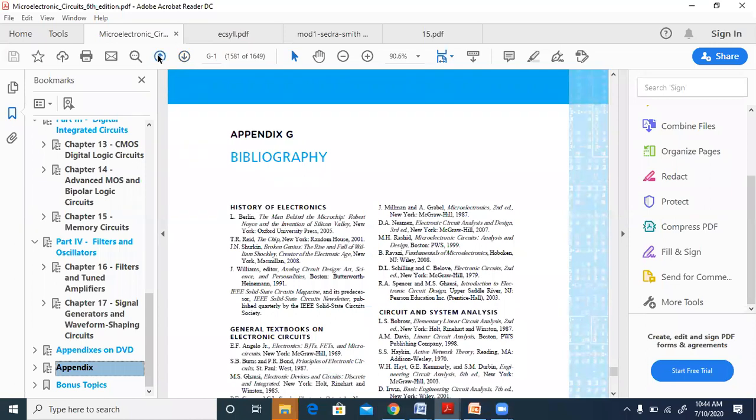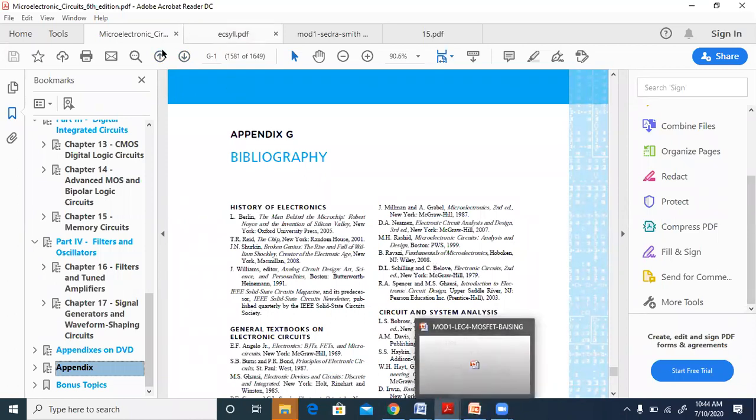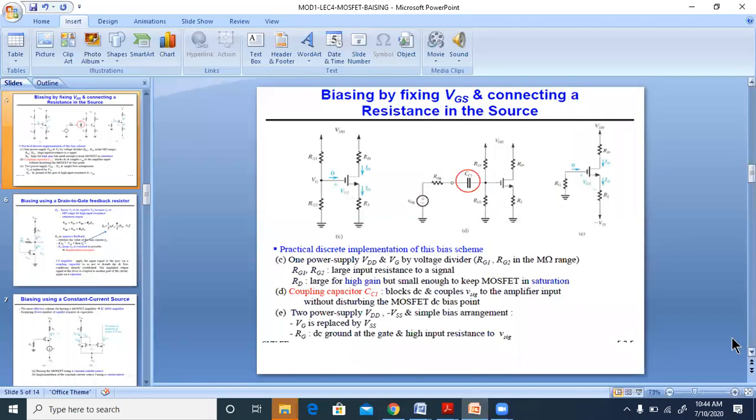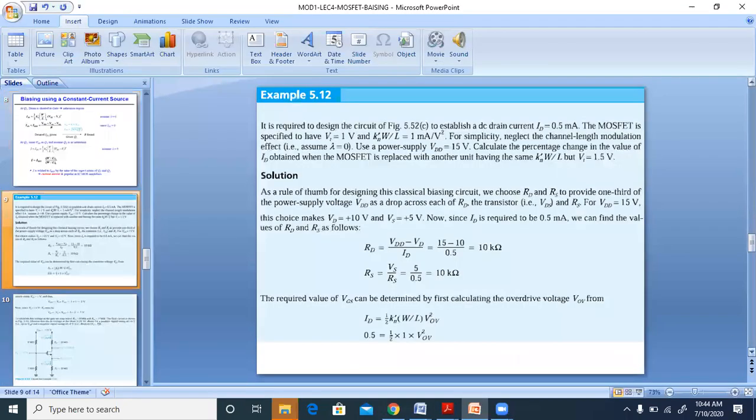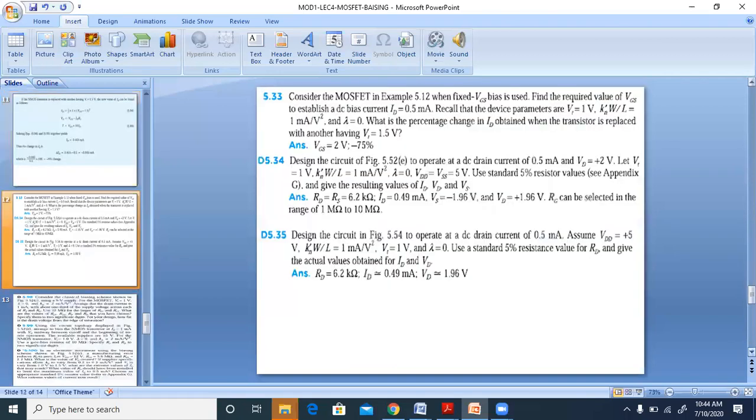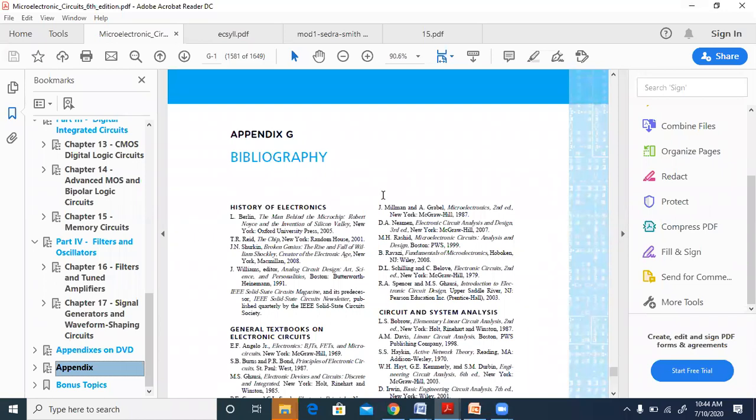Oh, this is the appendix G. He is telling appendix G. Is it appendix G or resistor values? Oh, yes, he says here appendix G, but that doesn't seem to be appendix G. Here he has bibliography.